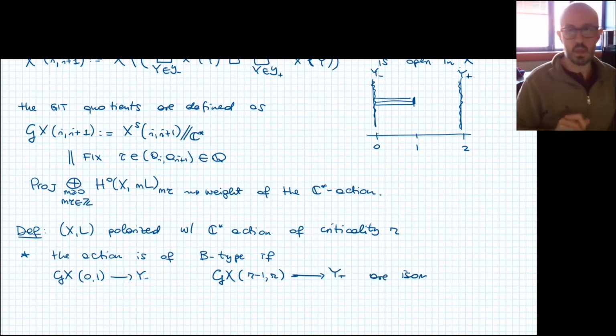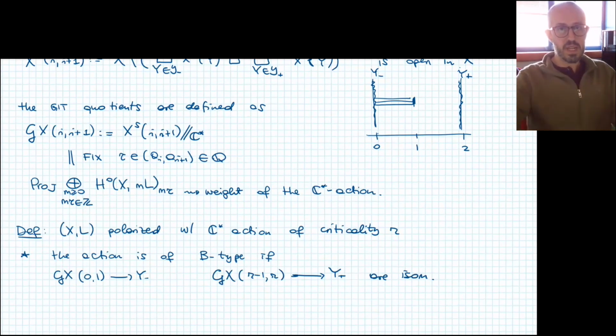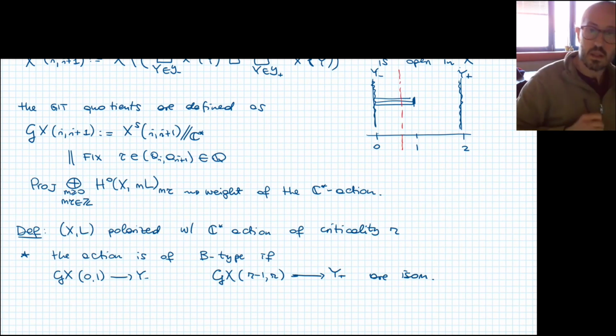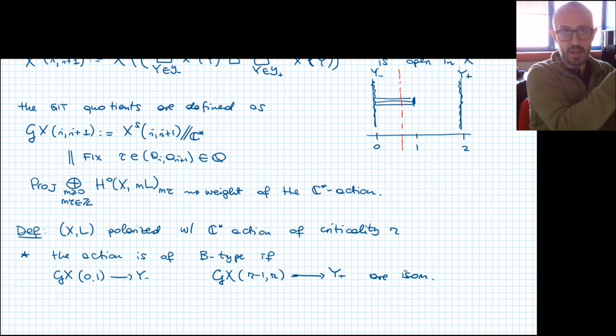Isomorphisms. So basically, when you cut in the picture at the good point, then basically you obtain all of y minus.